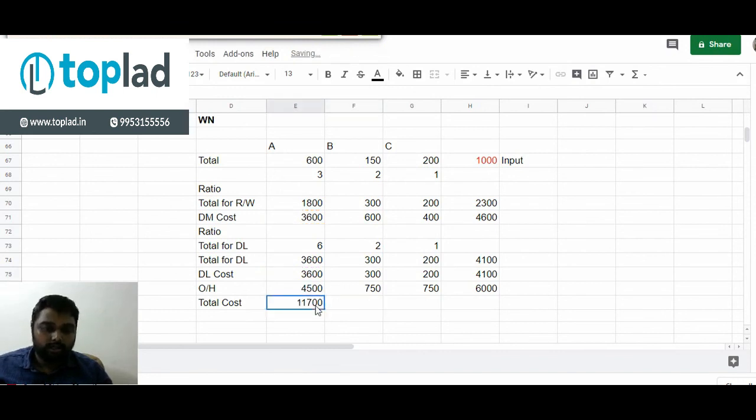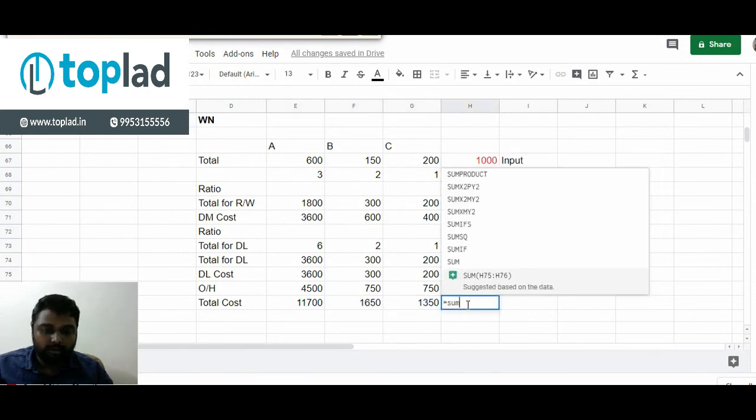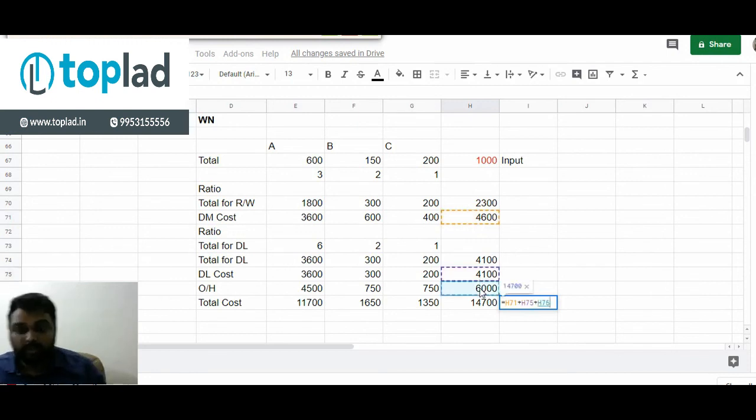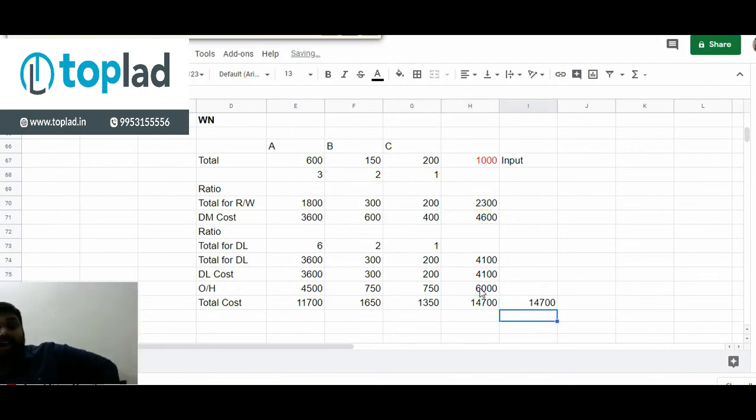The total of all these three has to come to the total which is given in the question. That is 4,600 plus 4,100 plus 6,000. This is one speciality: if your total is tallied, that means your answer is correct.